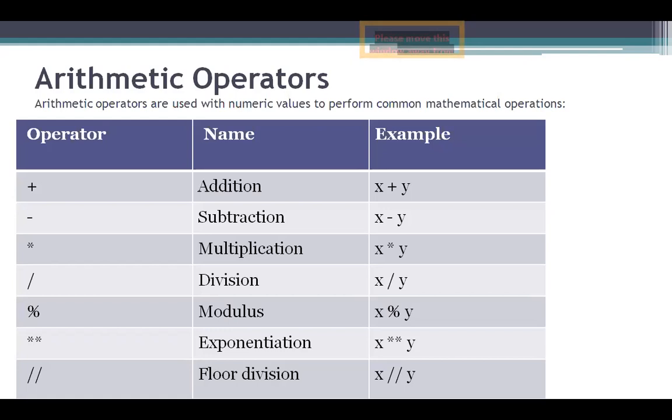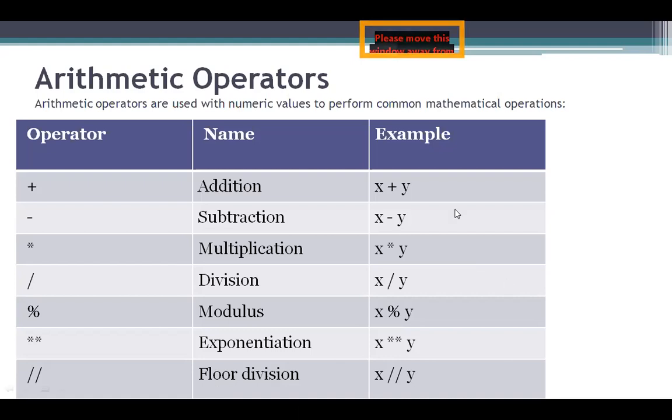Arithmetic operators deal with numeric values, and we can perform the common, general mathematical operations: addition, where the plus symbol is used; subtraction, minus; multiplication, asterisk; division, slash; and percentage is for modulus; then exponentiation, which works like a power of x comma y; and floor division, which divides and provides the quotient.